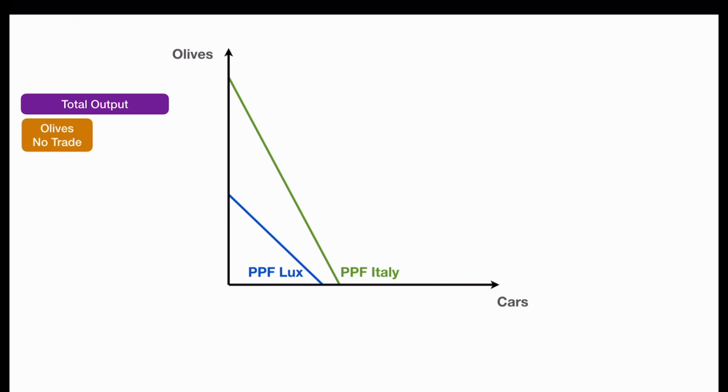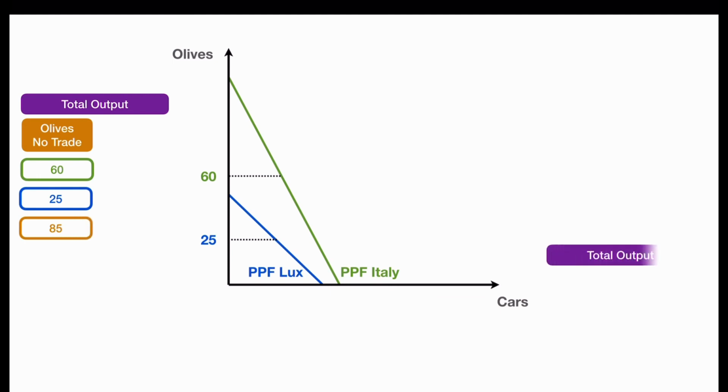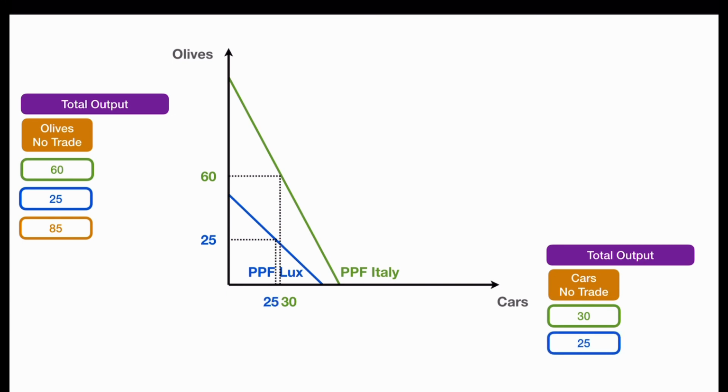Total output with no specialisation in trade and equal division of resources into production of each good would mean 60,000 tonnes of olives are produced in Italy, 25,000 in Luxembourg, totalling 85,000. 30,000 cars are produced in Italy and 25,000 in Luxembourg, totalling 55,000.